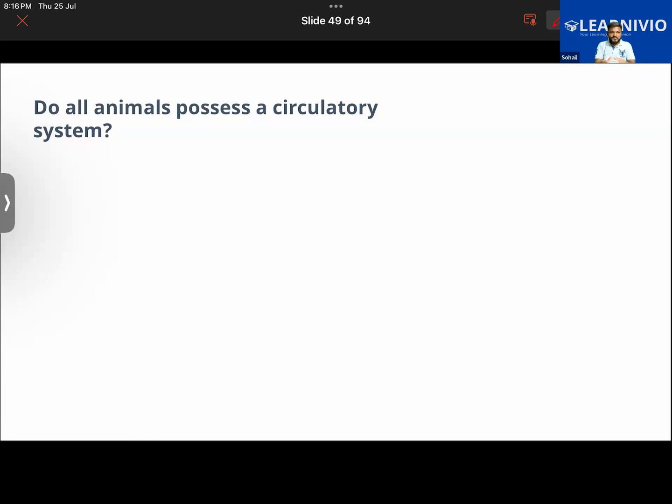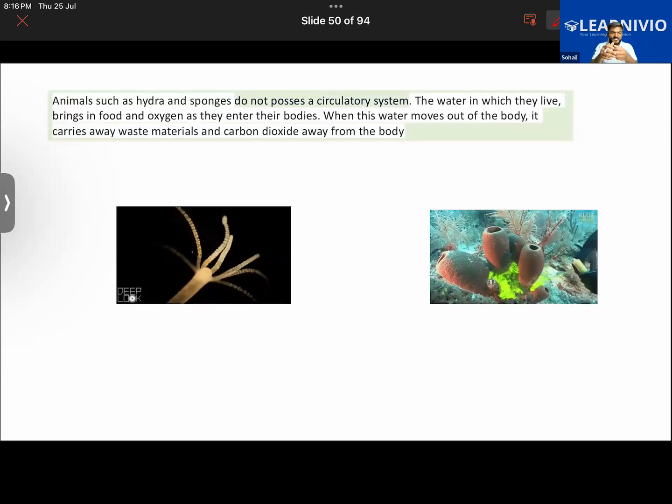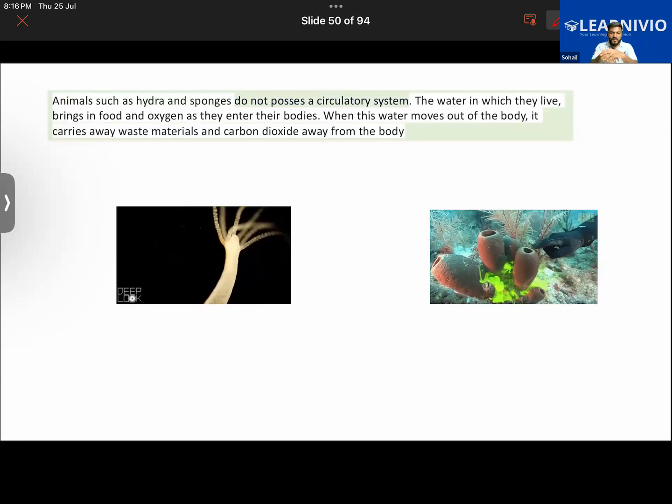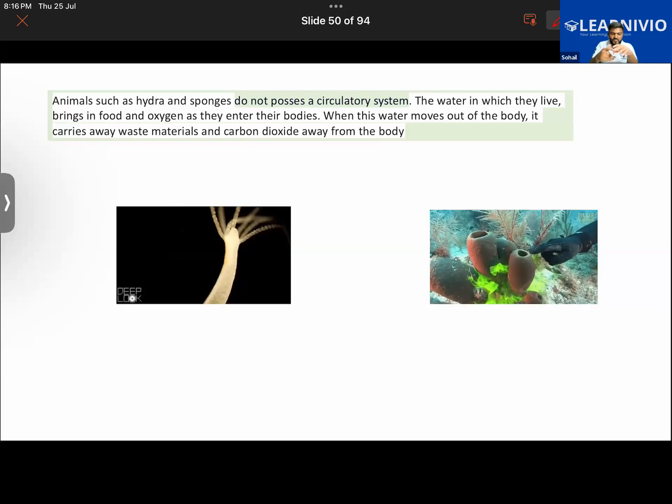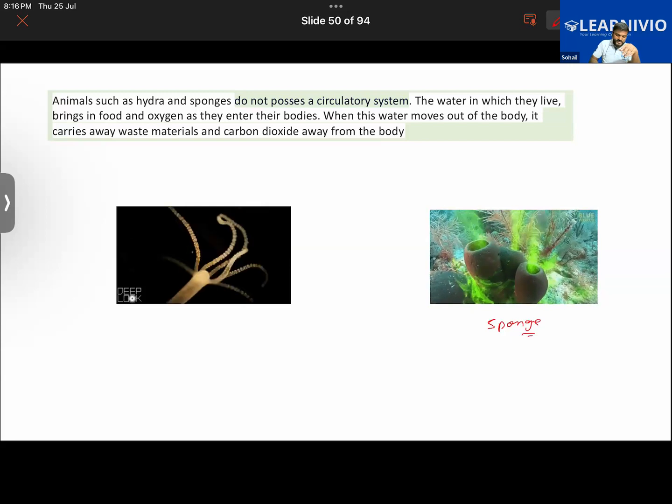See, some animals don't need a circulatory system because they can obtain the nutrients and gases from their surroundings via other means, for example, diffusion. For example, we have very simple animals like the ones that you see here. Look at the second animal here. That is a sponge. The first one, who will name this one?